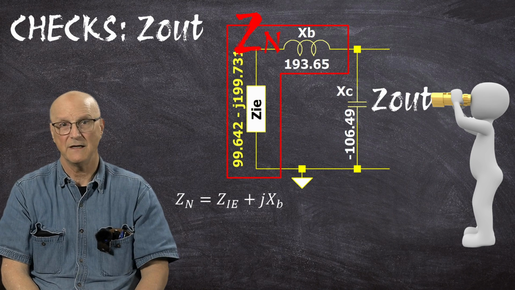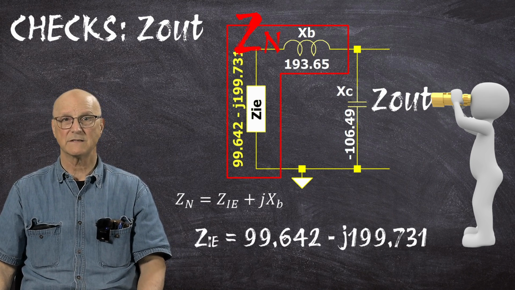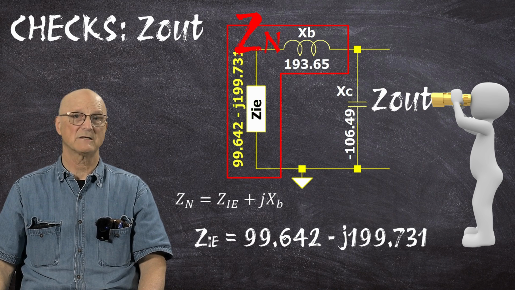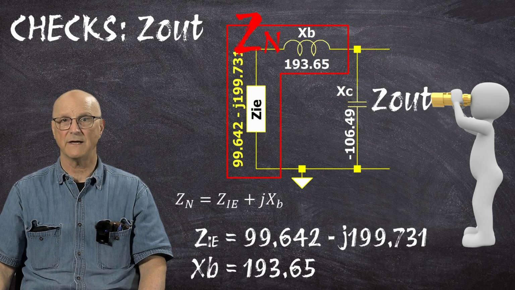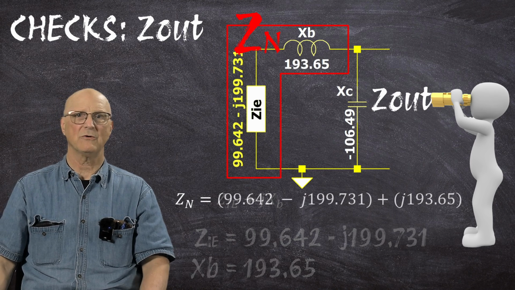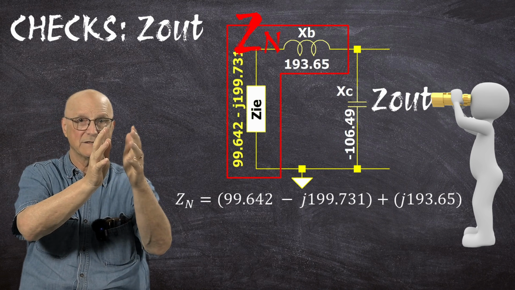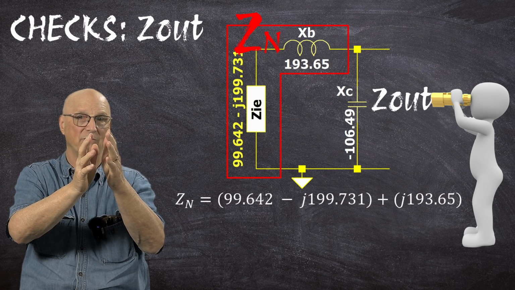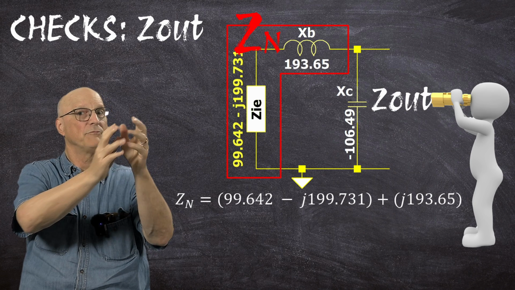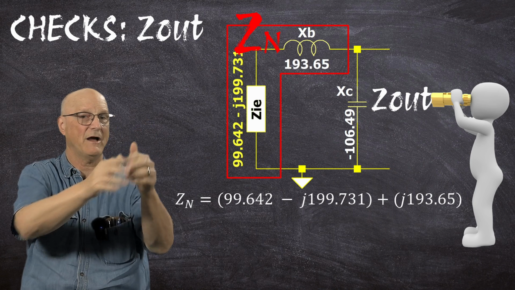And with Z_IE equal to 99.642 minus j199.731, and XB equal to a plus 193.65, that gives us that Zn is equal to 99.642 minus j199.731 plus j193.65.